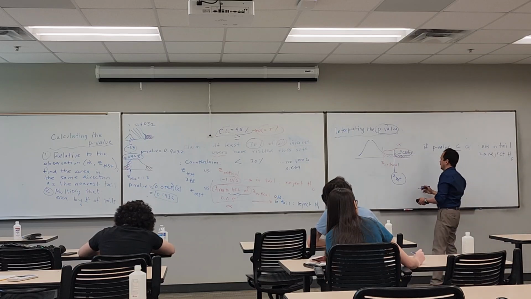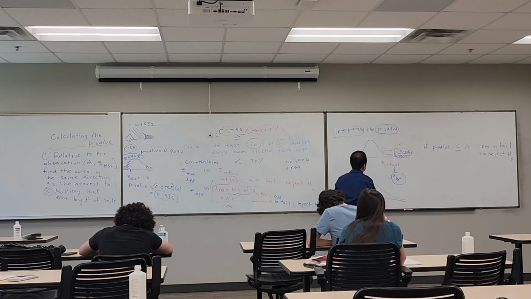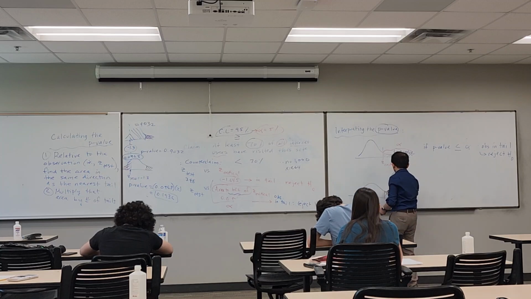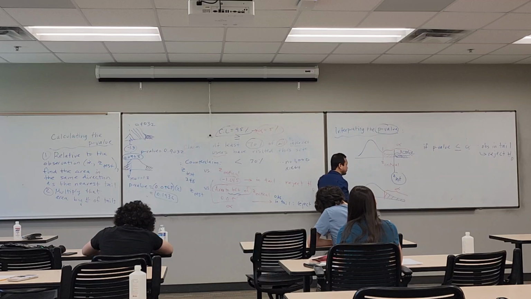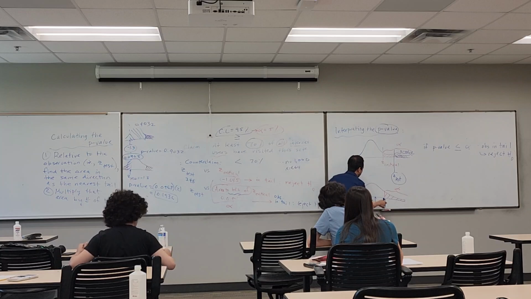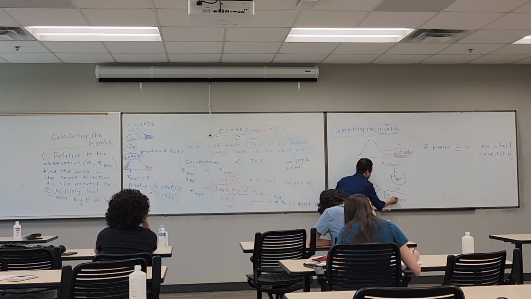But if we have this case, where this tail has a value of alpha and the p-value is greater than alpha because its overlapping area is greater.